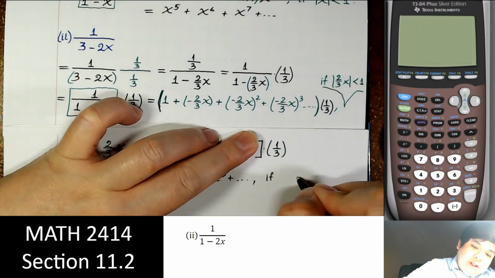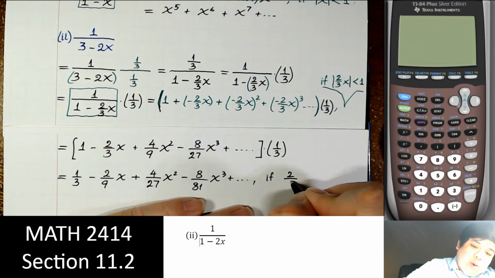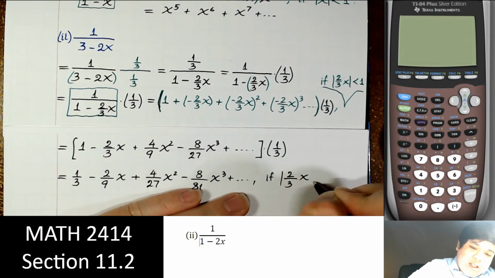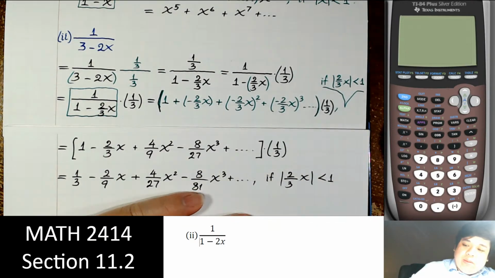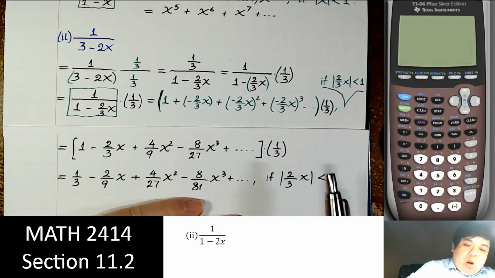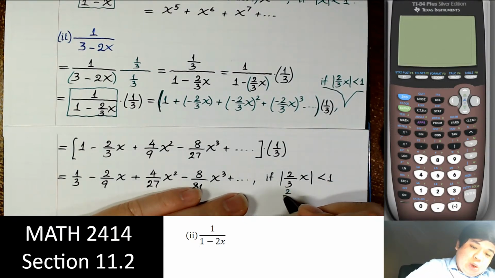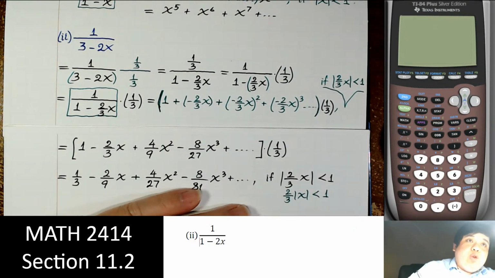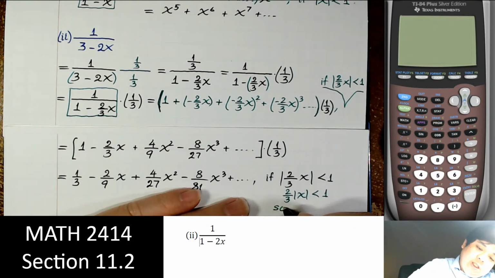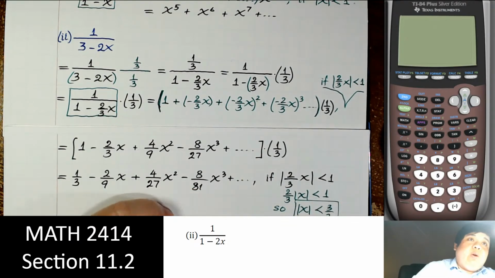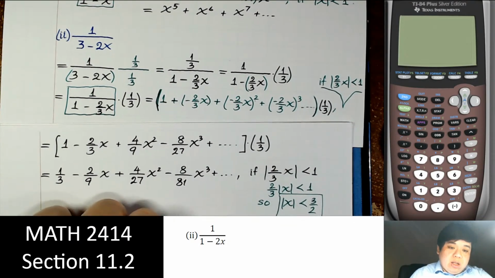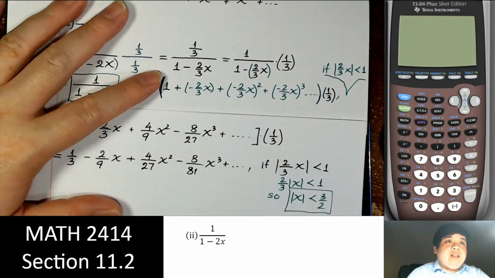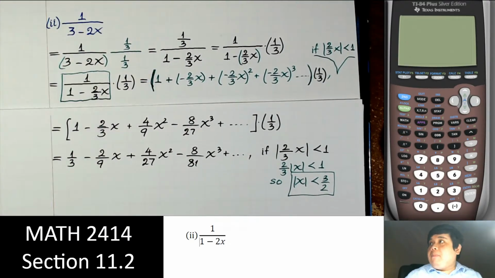So only if we have 2 times 3x less than 1. If we want to show it further, we take the 2/3 outside of absolute value of x and multiply reciprocal. So x less than 3/2. So this is the interval of convergence, and that formula only works if absolute value of x is less than 3/2.